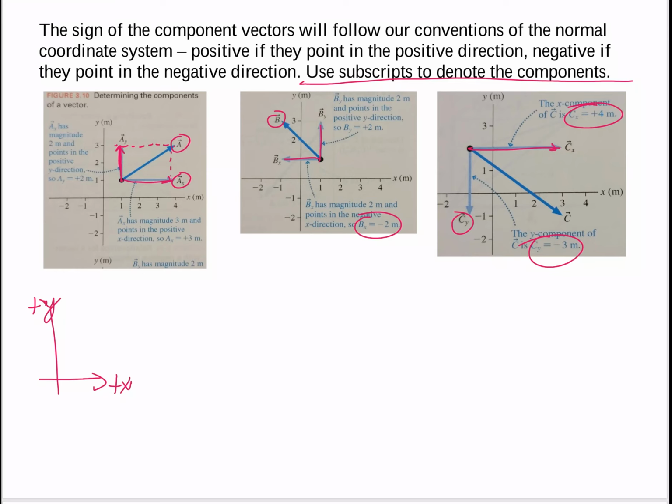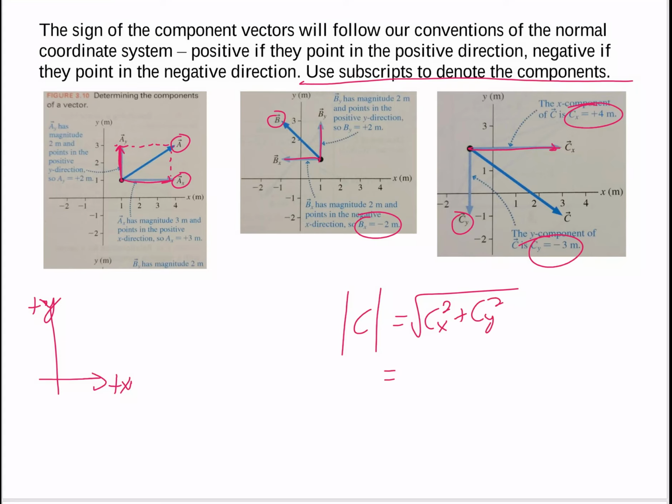So the length of vector c would look like this, just the magnitude, that's all I want, okay? So that would be the square root of c sub x squared plus c sub y squared. It's just the Pythagorean theorem.